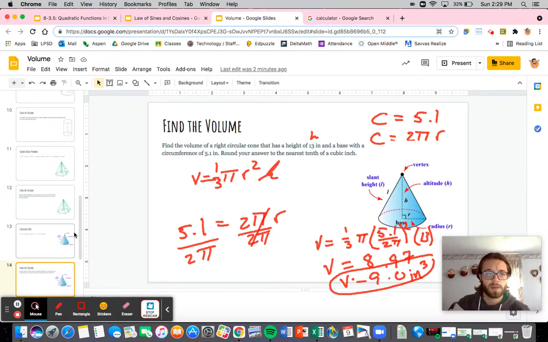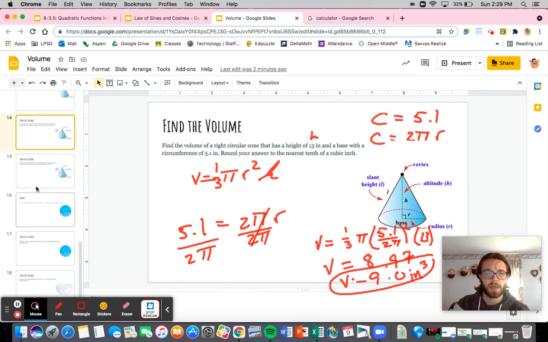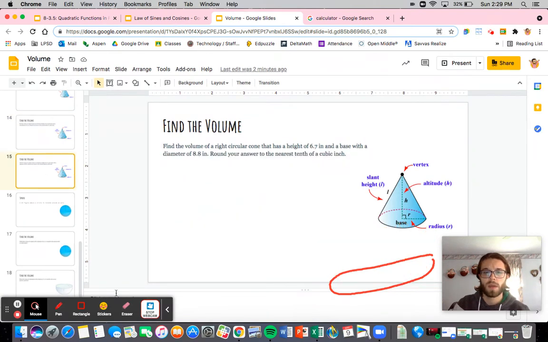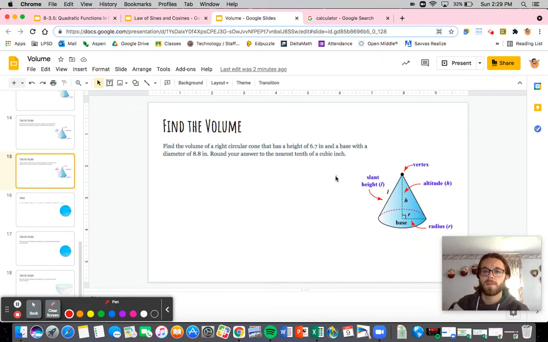Let's do another one, just because that one is easy to make a mistake on. So, next one, find the volume if your base is now given the diameter. So remember, the diameter is the whole thing, and we just want half. So if the diameter is 8.8, the radius is 4.4. All right. So my volume is equal to 1/3 pi, 4.4 squared, times 6.7.